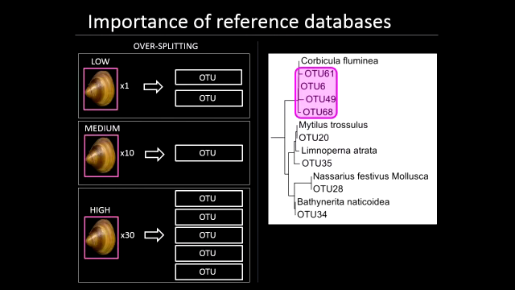On the other hand, this also shows the importance of having reference databases. With Corbicula, for example, the Asian clam, we had multiple OTUs being generated for a single individual or for multiple individuals. If we had just stopped with the OTU number and didn't have the tagging method, we might interpret these as different species. But because we can blast them against a database, we can see that they're all matching Corbicula.